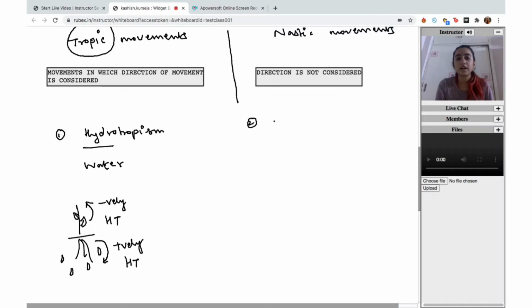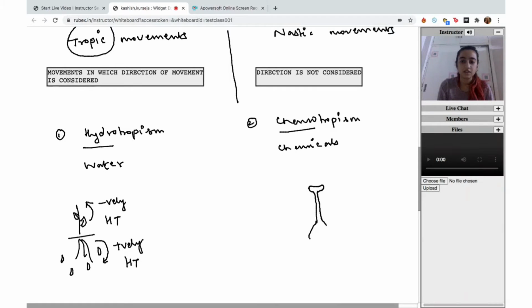Then, next, let's do a complex one first. We have chemotropism. This stands for chemicals. Chemicals की तरफ movement. सबसे common example of chemotropism we have done in the first chapter, life processes. This is a pistil, simple pistil. There's a pollen grain which is deposited here, and here you have your ovule.